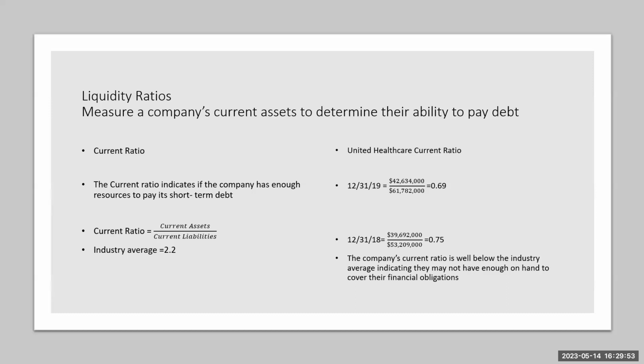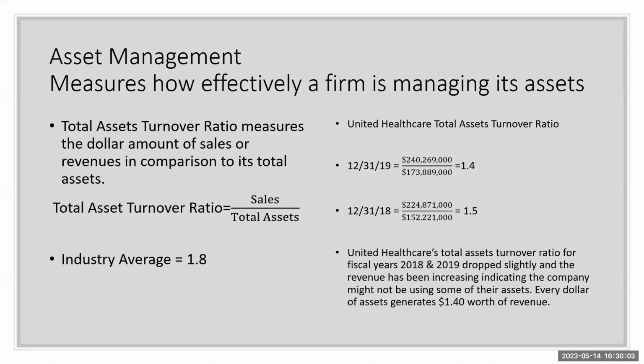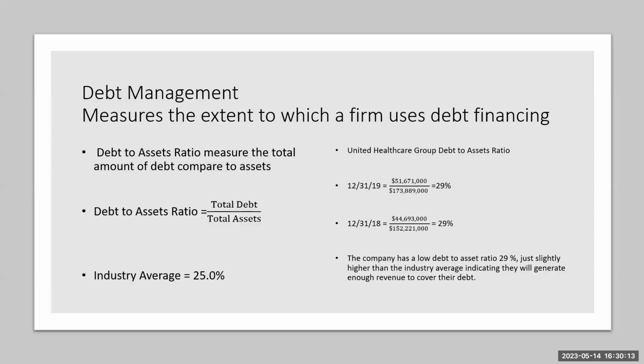Here's the liquidity ratios. They selected current ratio. Notice the analysis. Notice the interpretation. The asset management ratio. Here they use the asset turnover ratio. Notice the analysis. Notice the interpretation. The debt management.